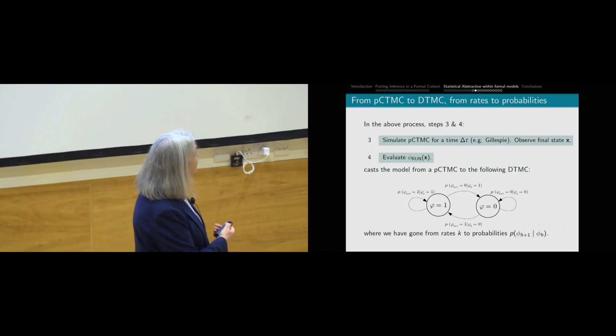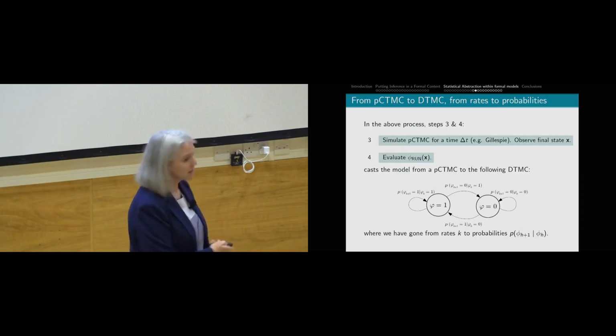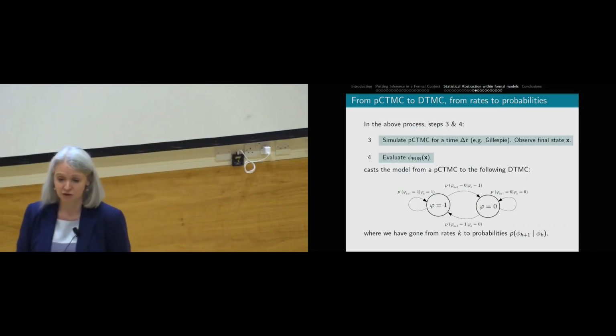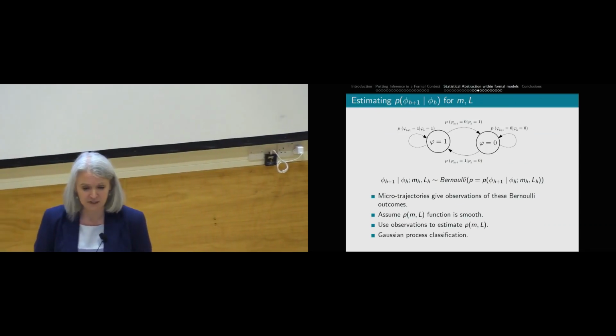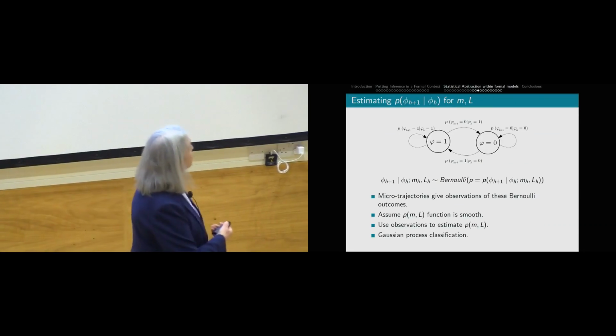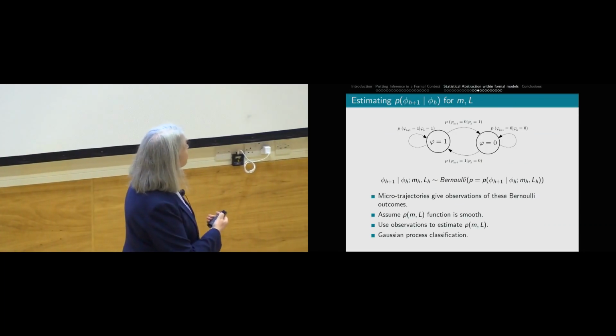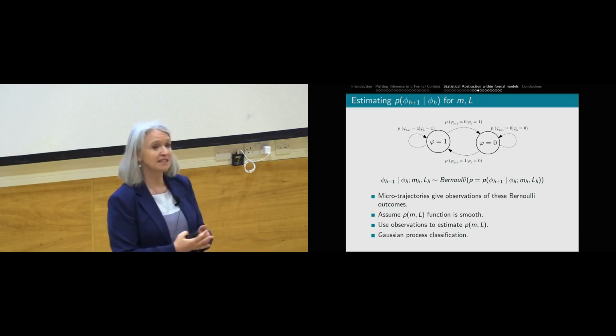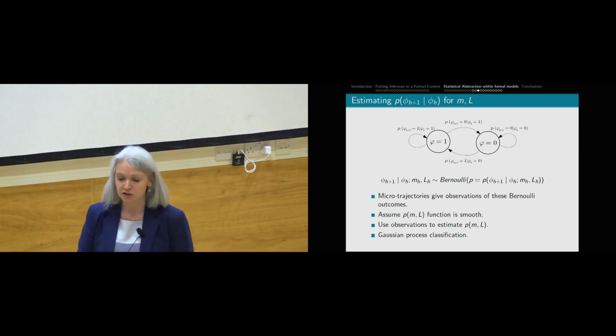If I get a particular value, am I likely to move into tumble, or am I going to stay running? Okay, so these are our rates we're turning now into these probabilities, and these probabilities are going to depend on L and M. Okay, so really what it is is Bernoulli values for each of the states, phi1 and phi2, and as I say, it depends on the current values that we've seen in methylation or the concentration.